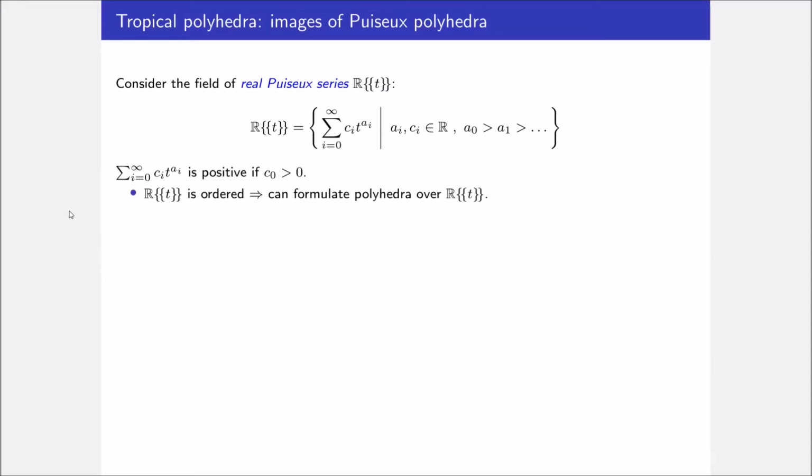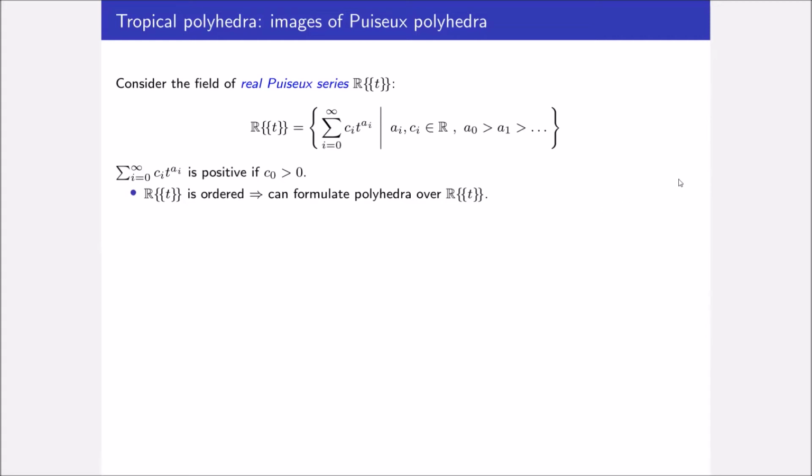So a real Puiseux series A is greater than B if and only if A minus B is positive. This gives a total ordering on the real Puiseux series. And what this means is we can do convexity, and we can formulate polyhedra over real Puiseux series.